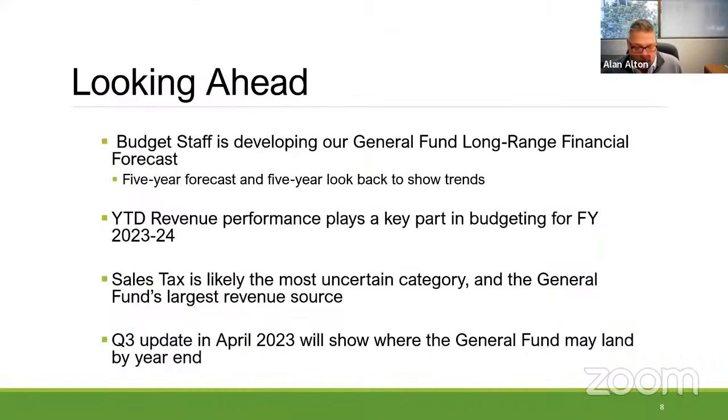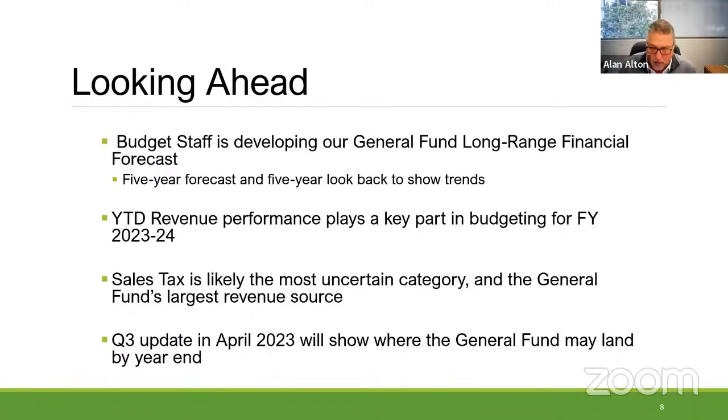So this is the looking ahead portion. Where we are right now is we are loading our budget. I believe we finished our salary and benefits programming, so we are ready to open budget screens next week. Then that will give us the opportunity to take that information and start, from a budget staff perspective, developing our long-range forecasting.